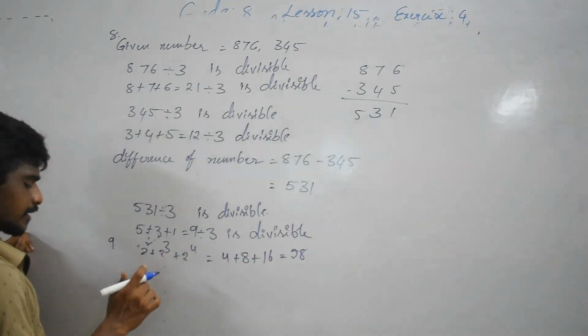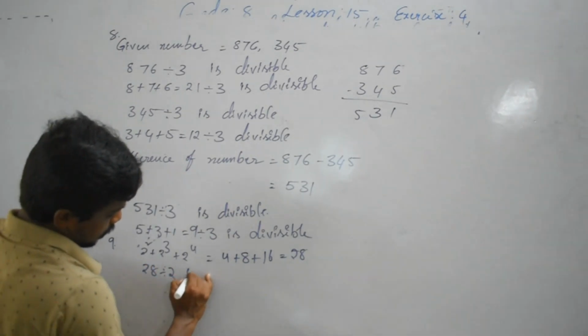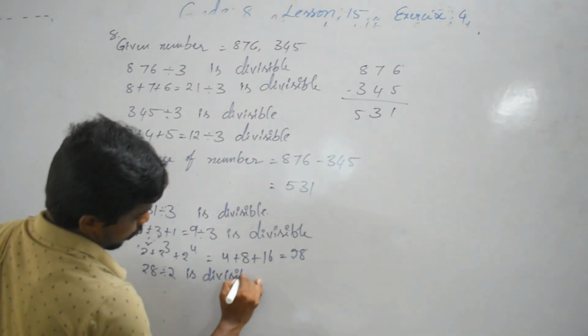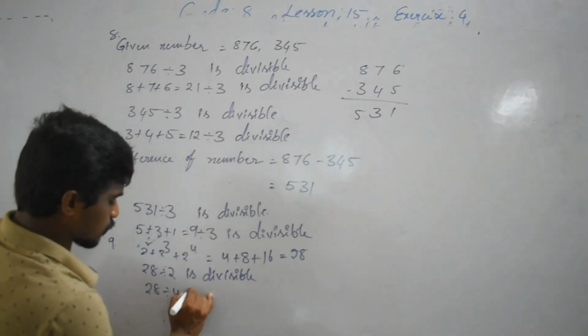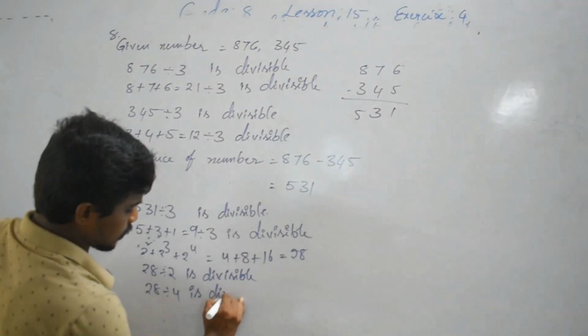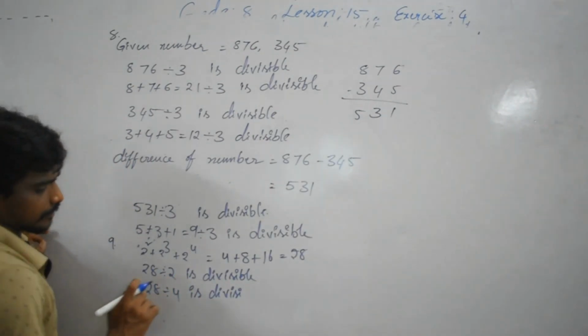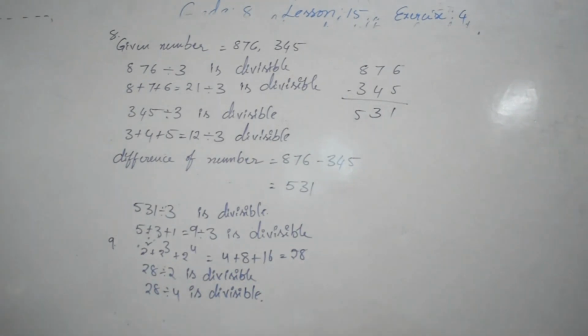So this 28 divided by 2 is divisible, and 28 divided by 4 is divisible. Easy, this one: 2 14s are 28, 4 7s are 28. Ninth one done. Next one, 10th one.